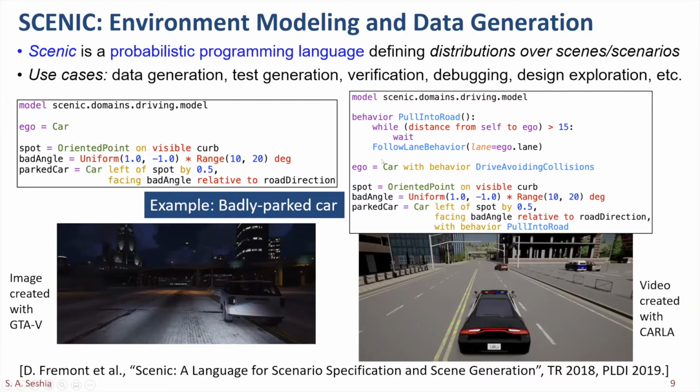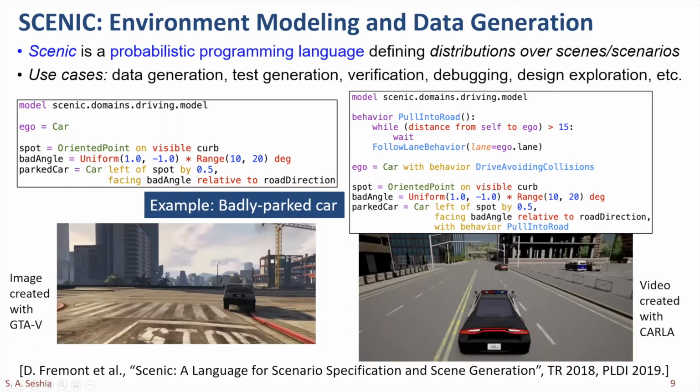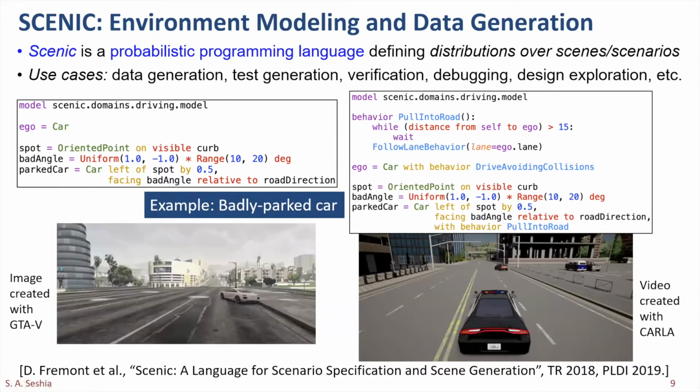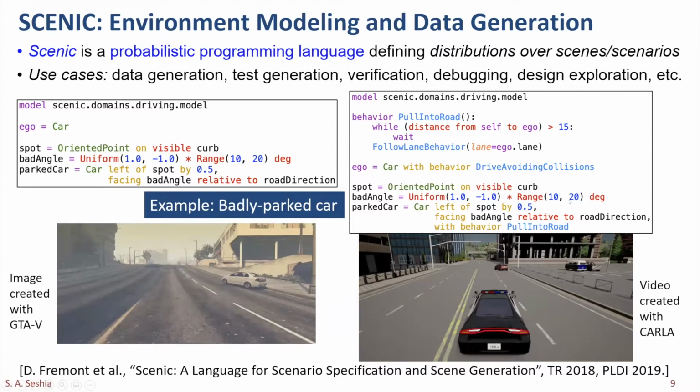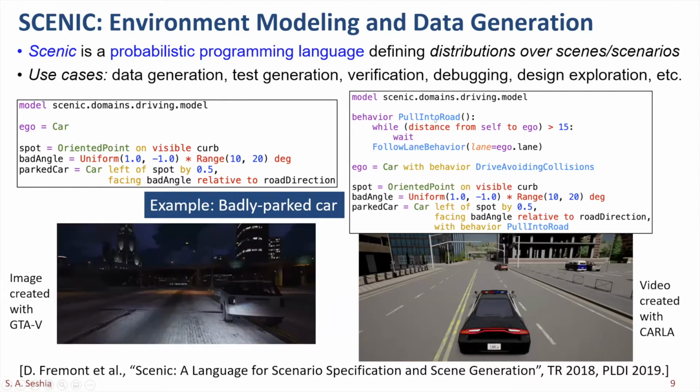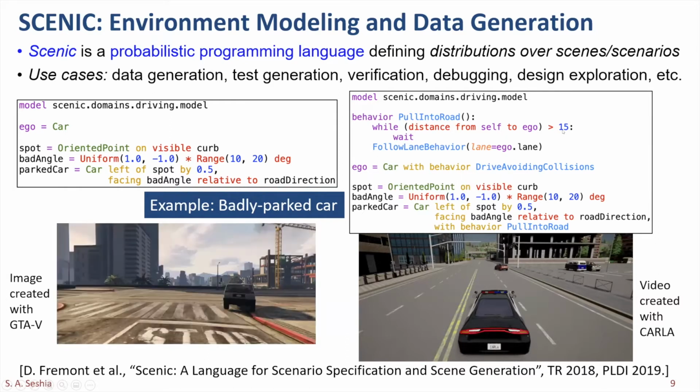So the bottom is pretty much the same, except the ego vehicle now has an associated behavior, which I haven't shown the code for here, but it's basically driving while avoiding collision. So it's just trying to maintain lane while braking if necessary to avoid a collision. Also, the badly parked car has an associated behavior, which is called pull into road. And what it's going to do is, as the ego vehicle approaches, it waits until the distance falls below 15 meters.